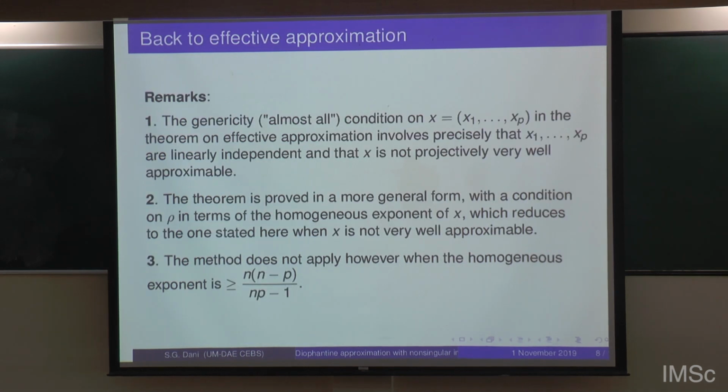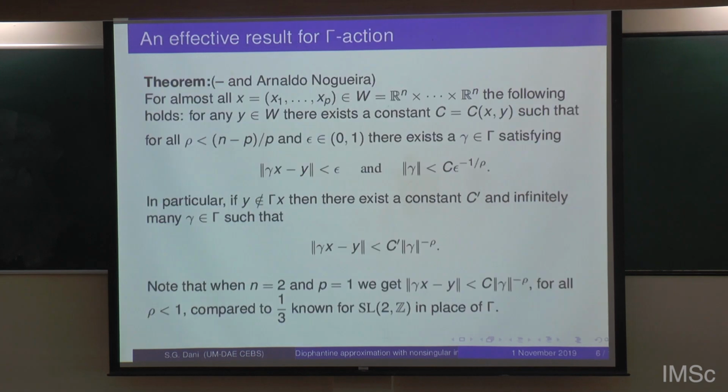And the remark that I want to make is that the genericity condition that we had in the theorem, I said almost all, and that almost all consisted precisely of x being not projectively very well approximable. So long as the p tuple x1, x2, ..., xp is not projectively very well approximable, that conclusion holds as it is.